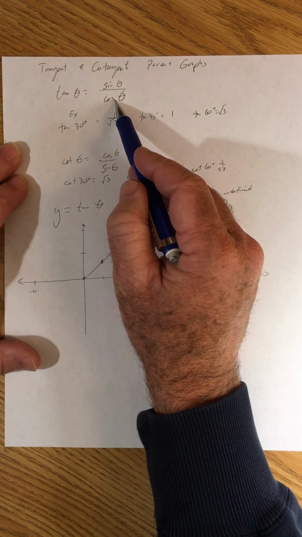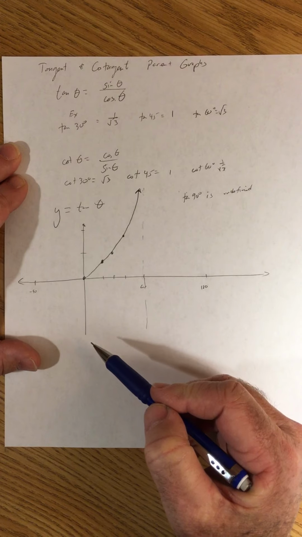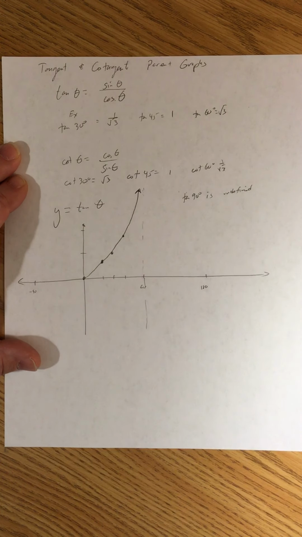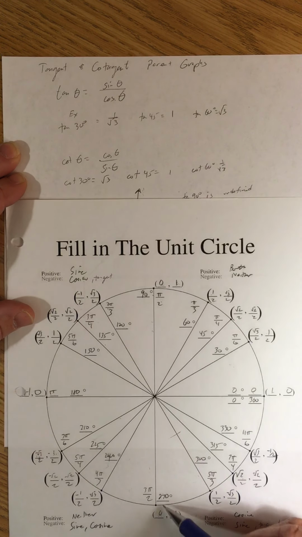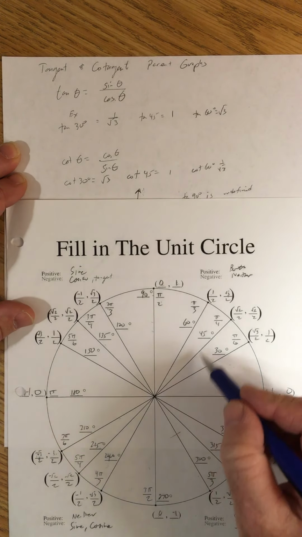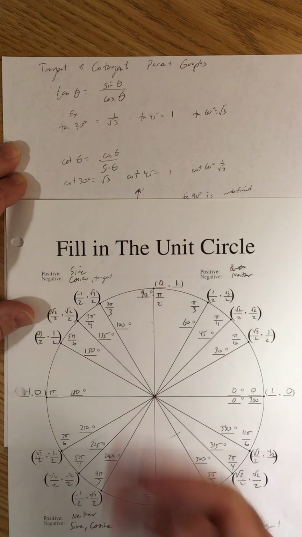Well, where does that happen? Look at the unit circle. That happens at 90 degrees and 270 degrees, any angle that terminates on the vertical axis.